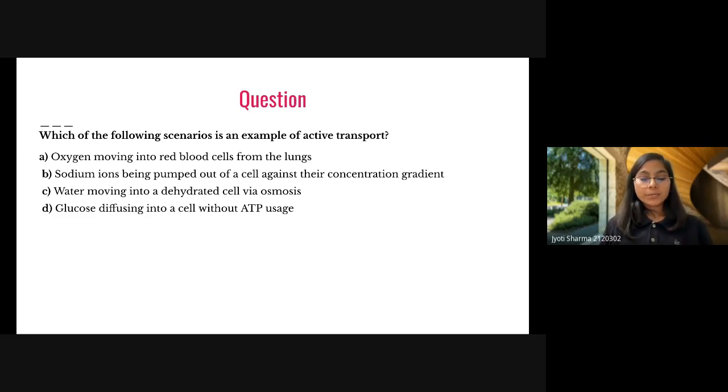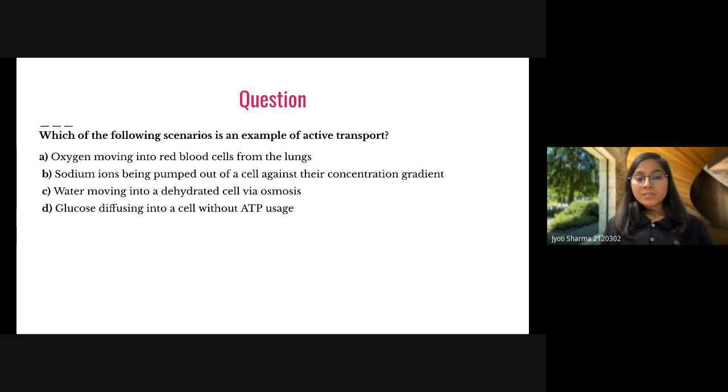Let me tell you, oxygen moving into red blood cells from the lungs is passive transport. We do not need any ATP to utilize. So this is not the right option. B is the right option, that we have to pump out sodium so that we can bring some nutrient into the cell, and in this process we have to utilize ATP, and that ATP will be converted into ADP.